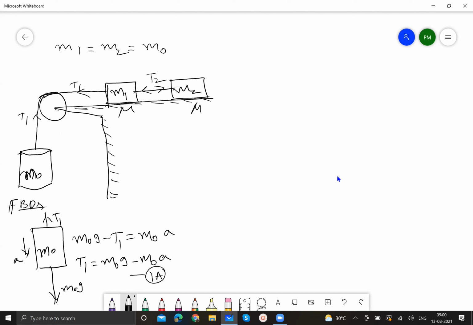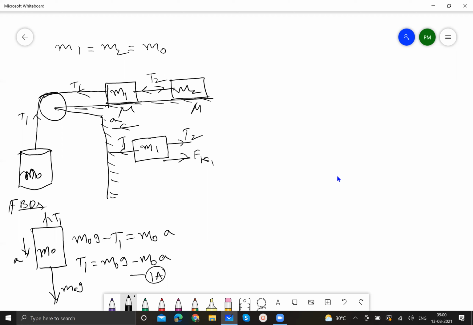Next, let us write for the M1 from the free body diagram. This will be T1. This will be T2. This will be its acceleration. Because the block is attempting to move towards left, the kinetic friction on it will be acting towards right. So this is how we are bringing the kinetic friction.